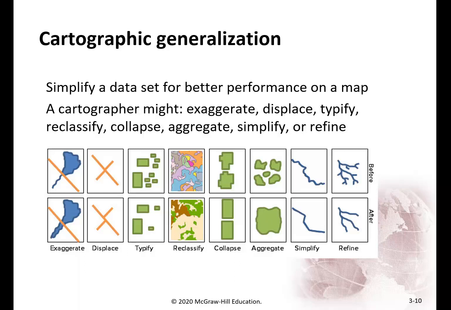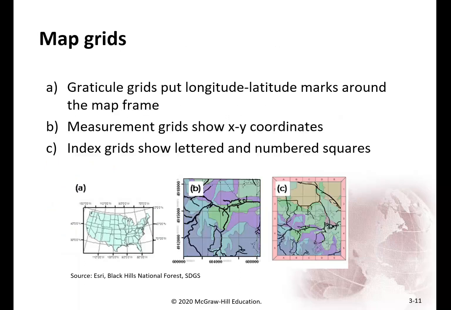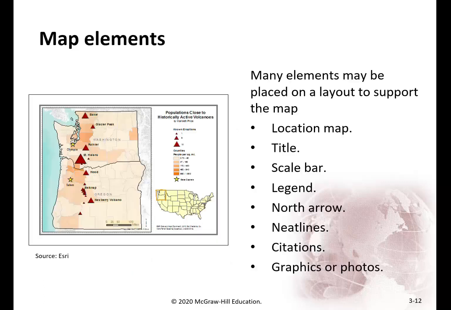In addition to generalizing our information, we may employ the use of specific map grids to further clarify where in the world our data is being presented. Whether we are using a reticule grid, a measurement grid, or an index grid, they can be incredibly beneficial to let our audience know where in the world the data that we are representing in our map is located.